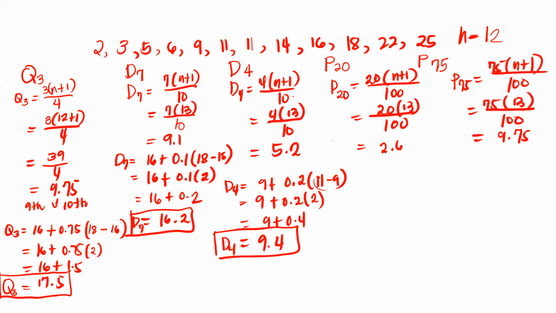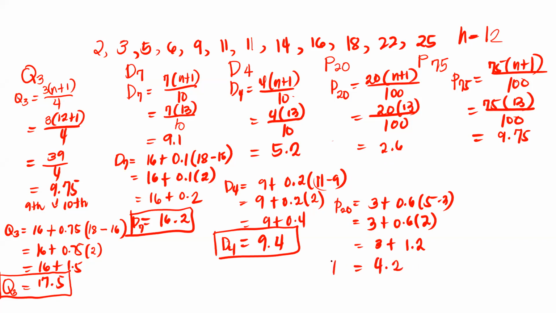For P sub 20, we have second and third. So that is P sub 20 is equal to the second, which is 3, plus 0.6 times 5 minus 3. That is 0.6 times 2. This is 3. We have 3 plus 1.2. Okay. So we have 4.2 as our P sub 20.